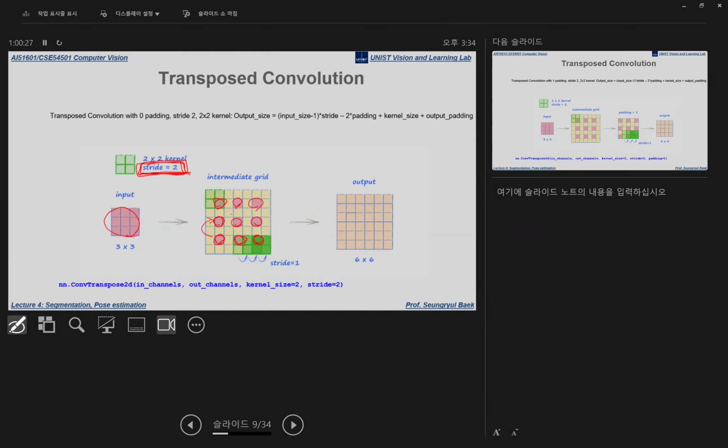So we are rearranging the image to have some offsets between the original pixels, and then apply one zero padding around the image, and then apply the convolution operation to get the output image, okay? Are you guys following this? So because of that, you can see that the input dimension is 3 by 3, but the output dimension becomes larger and larger.